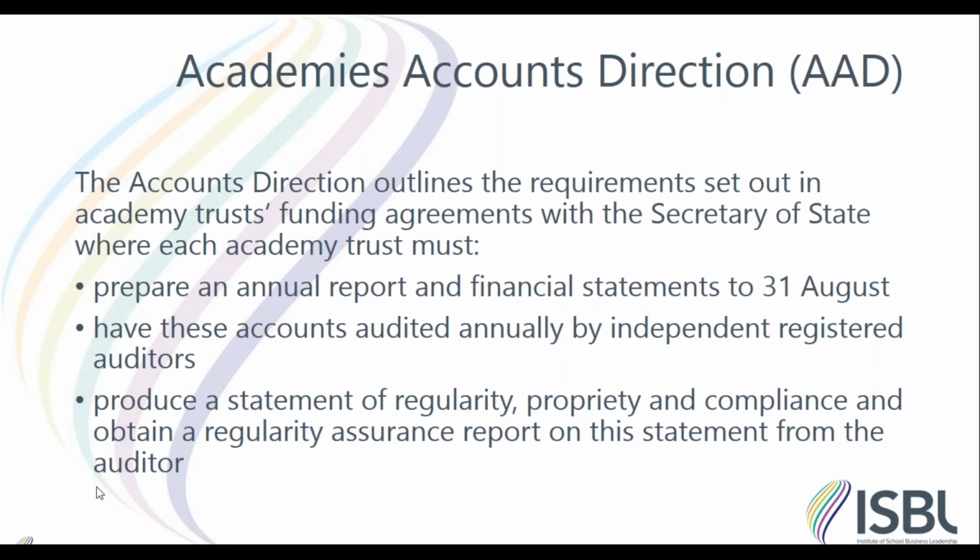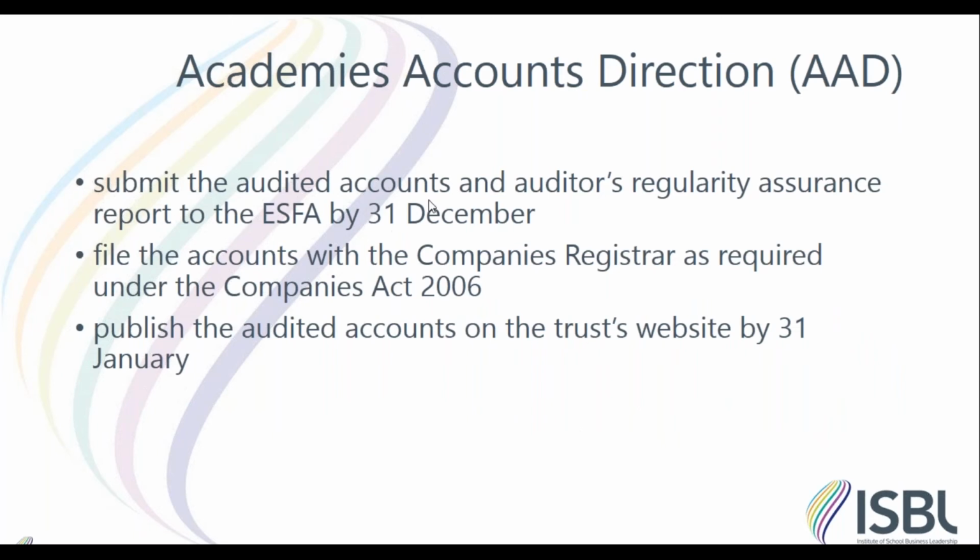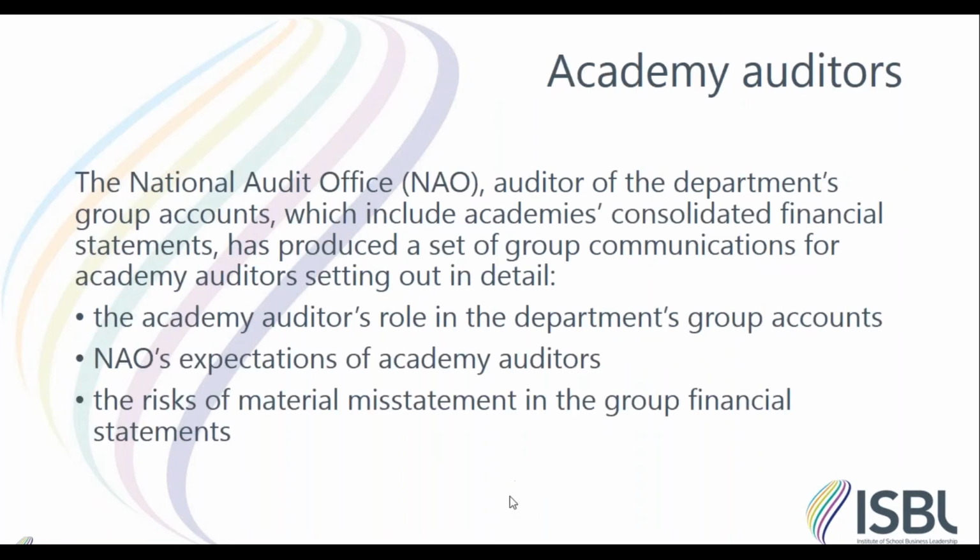So who audits the academy sector? It's an interesting one, because one of the criticisms of the academy project was that without local authority oversight, who was really holding the academy sector to account? But it's quite straightforward.